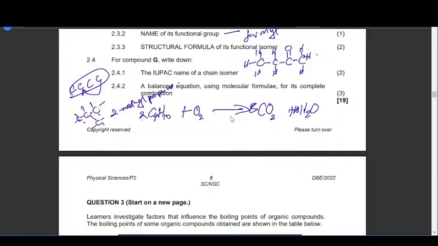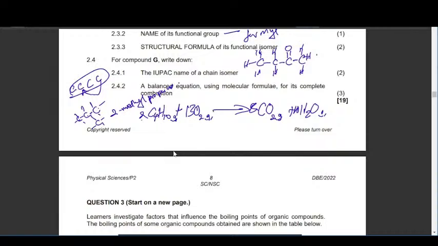So 26 divided by 2 is 13. So I'm going to put a 13 here, because 13 times 2 is 26. So yeah, I think it's balanced. This is a liquid, this is a gas, and this is a gas.